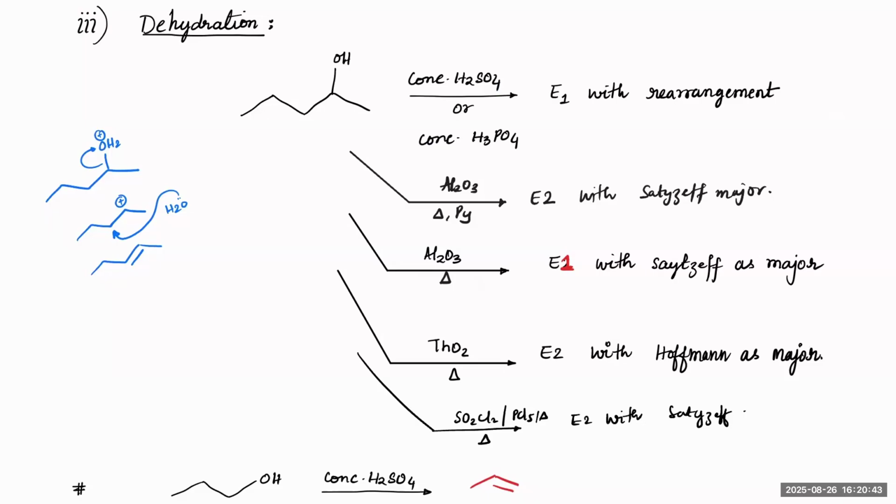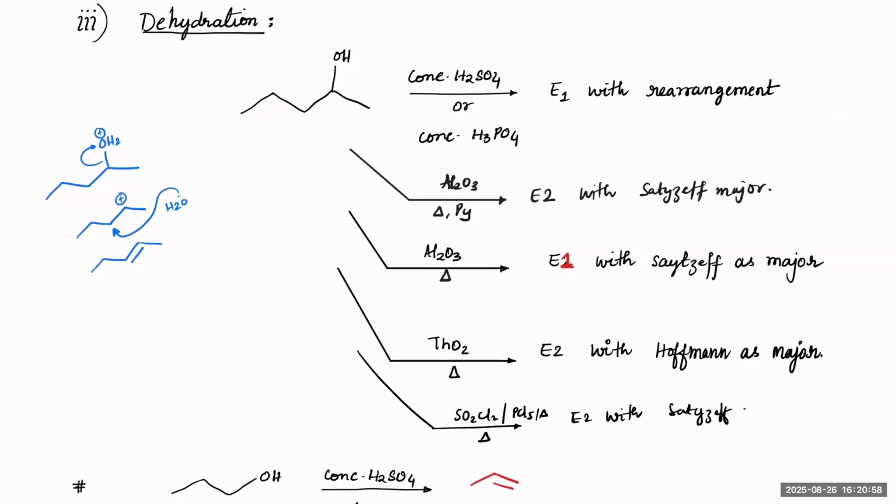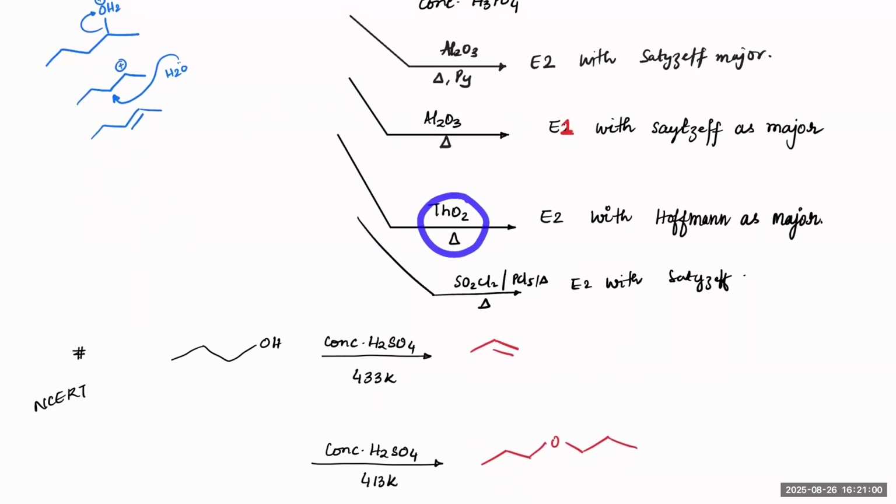But in case if you take Al2O3 with pyridine, it will make an E2 mechanism with Saytzeff as the major product. And if you take thorium dioxide, it will become E2 mechanism with Hofmann as major product. See, more than trying to figure out how the reaction happens, best thing is to remember the reagent and what is the work it will do.